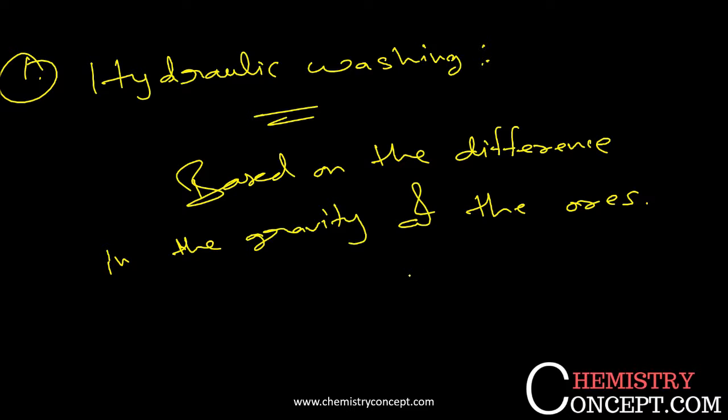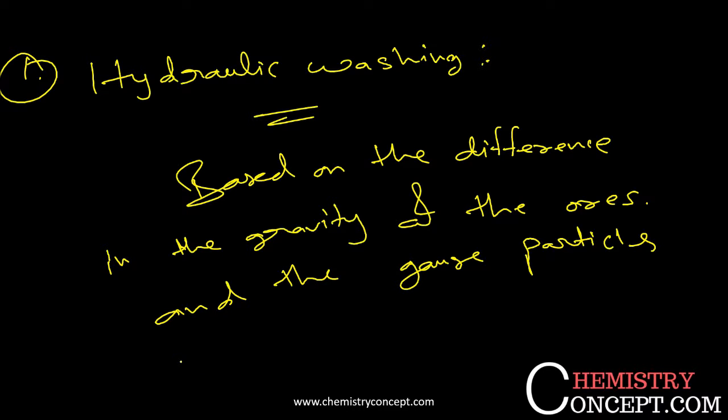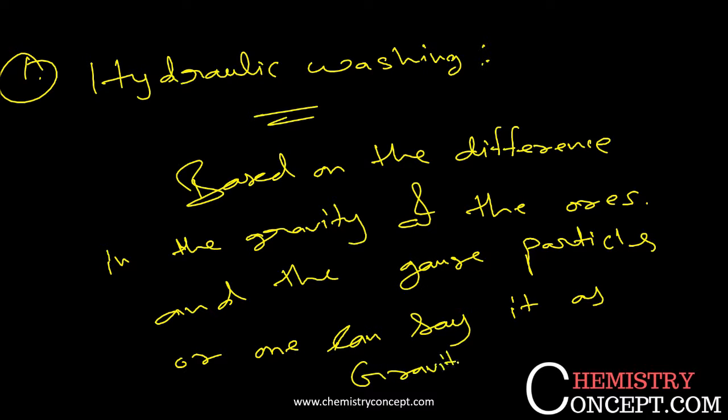So what will happen? The ore and the impurity particles, gangue particles, or one can say it as gravity separation, because here the gravity is playing a major role in the separation of this ore.